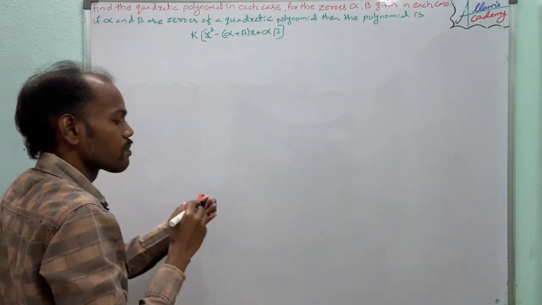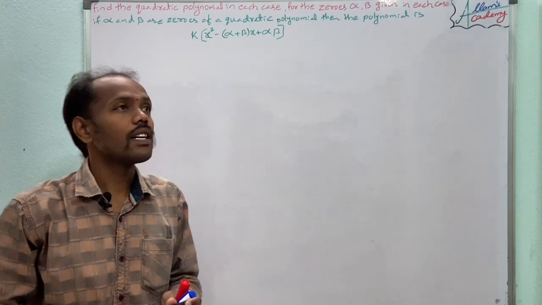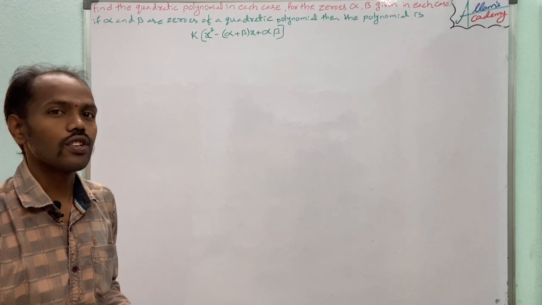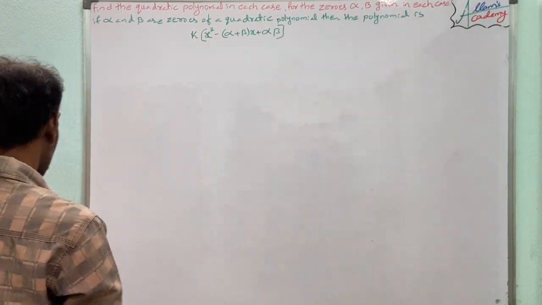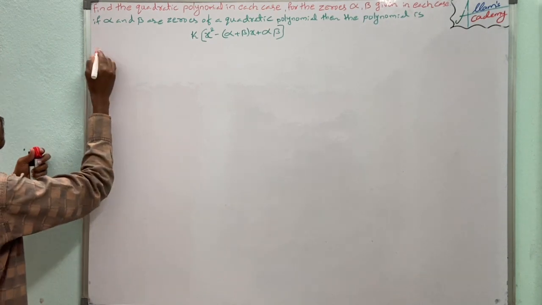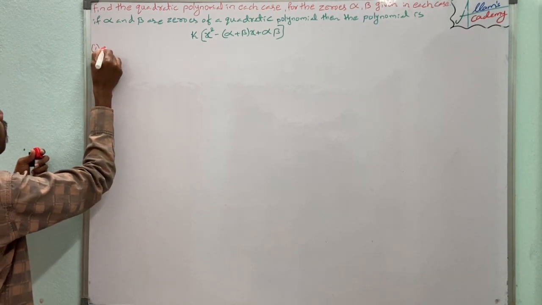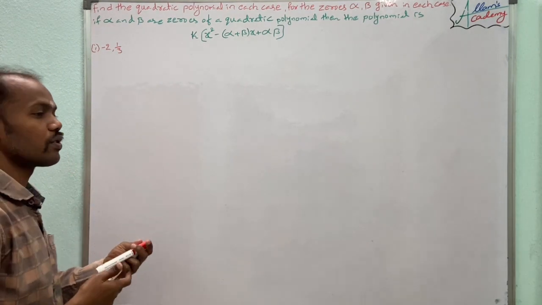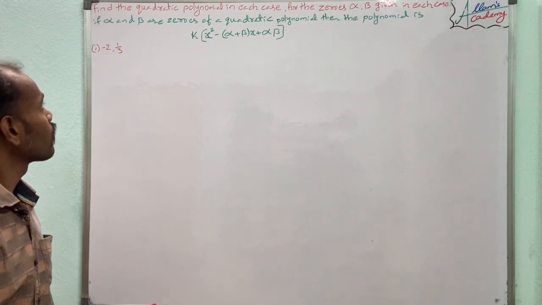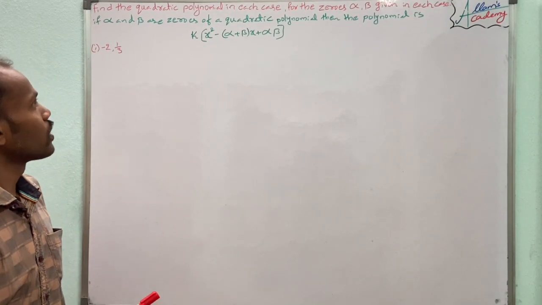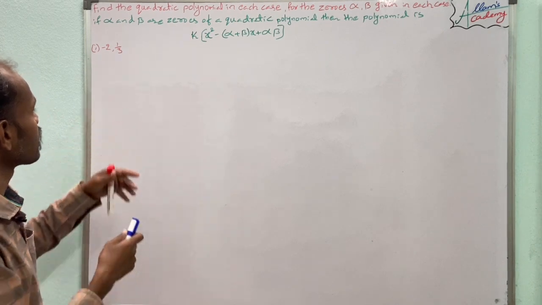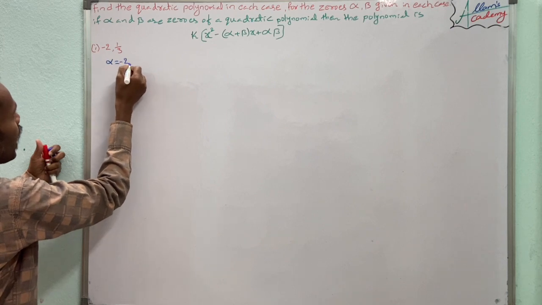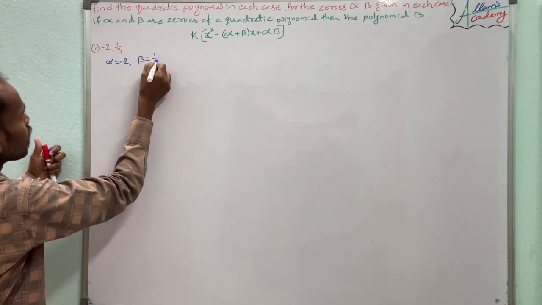Here alpha plus beta is the sum of the zeros, and alpha beta is the product of the zeros. Okay, so now we see, for the zeros minus 2 comma 1/3, what is the quadratic polynomial? Here the first one indicates alpha, so alpha equals minus 2 and beta equals 1/3.